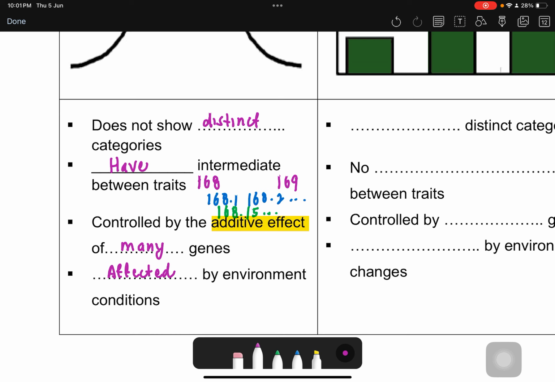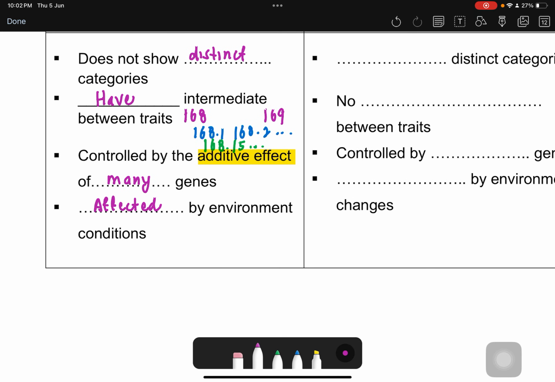For plants as well, plants that are projected to be tall, if they are not given the right conditions to grow, will not hit the height that they are expected to hit as well. So I'll put some examples over here for your reference. For humans, the environmental condition could be nutrition.